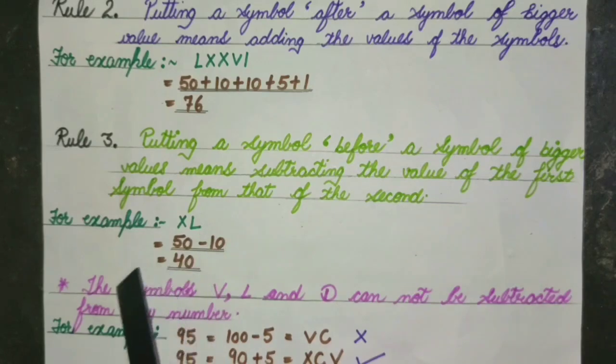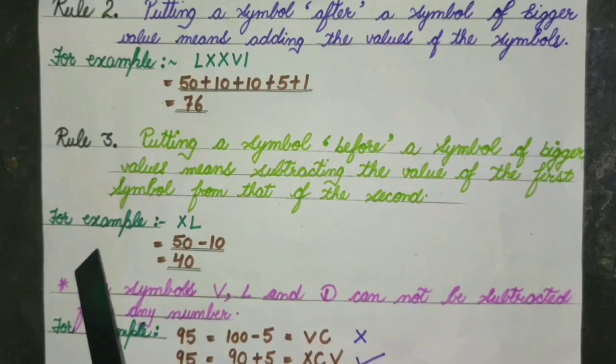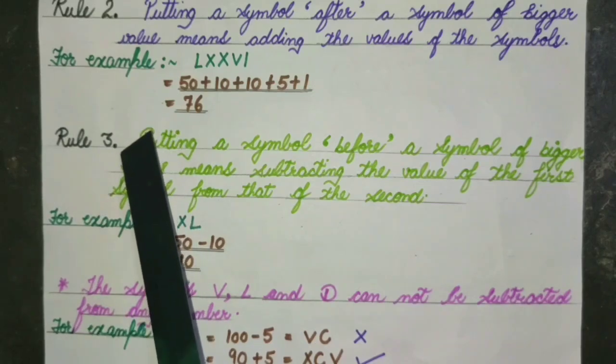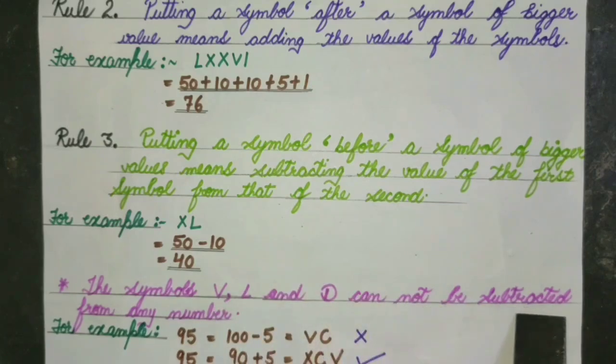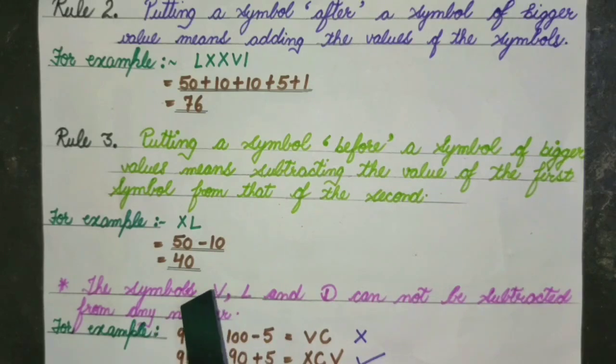The most important point we have to remember under rule 3 is that the symbols V, L and D cannot be subtracted from any other symbol or number. Just have a look. V, C. V is used before C. C means 100, V means 5.